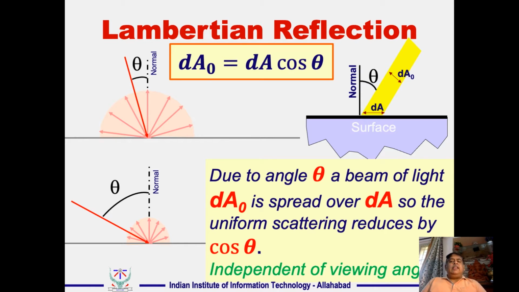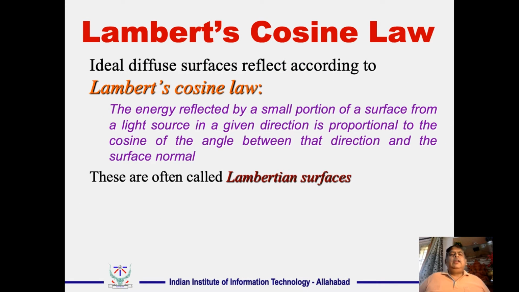Due to the angle theta, a beam of light dA naught is spread over a dA, so that uniform scattering reduces by cos theta. We call this Lambert's cosine law.